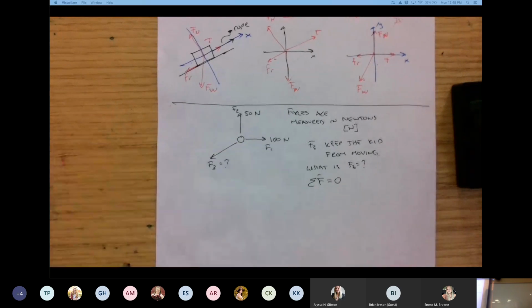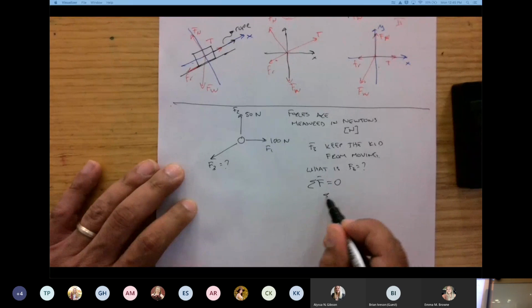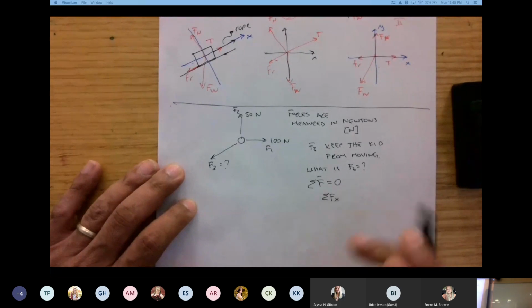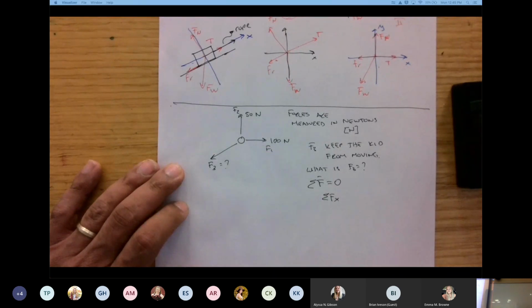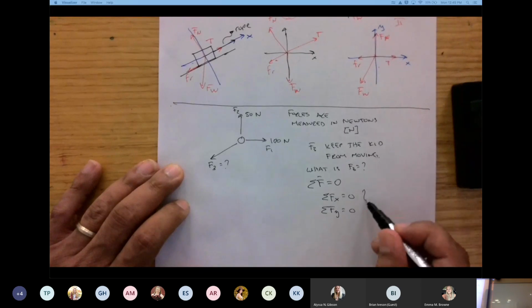So the net force in the x-axis and the net force in the y-axis have to be equal to 0. We can say that if we add all the forces in the x direction, these have to be equal to 0. If we add all the forces in the y direction, these have to be equal to 0. Okay, and we call this equilibrium.